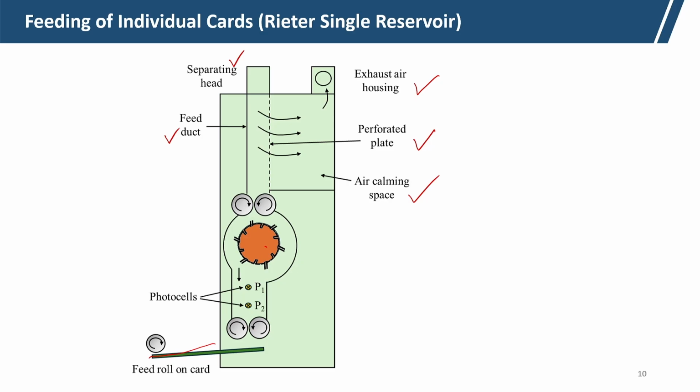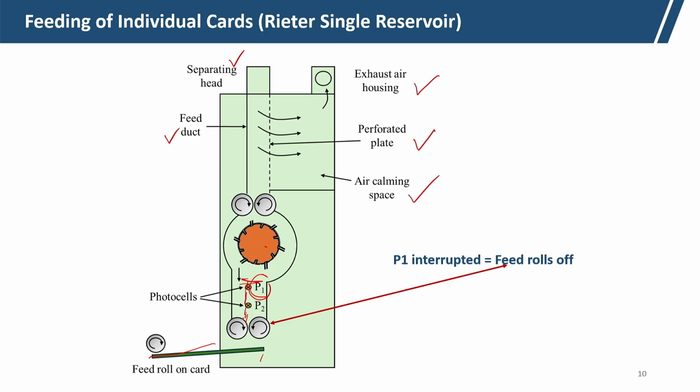Now, in the individual carding machine, P1 is the interrupted feed roller system. When P1 is interrupted, that means during feeding, the feed is interrupted and the feed roller is off, because you have sufficient material.